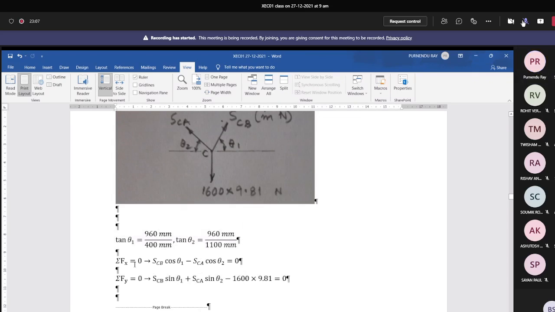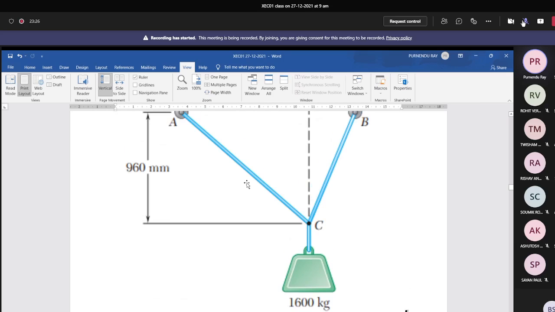But this thing will be more important because for most of the problems, the situation is not only of this kind of three or four forces. There may be, suppose, 5 forces, but only 2 unknowns, SCB and SCA. At this joint C, maybe 3 forces are acting.